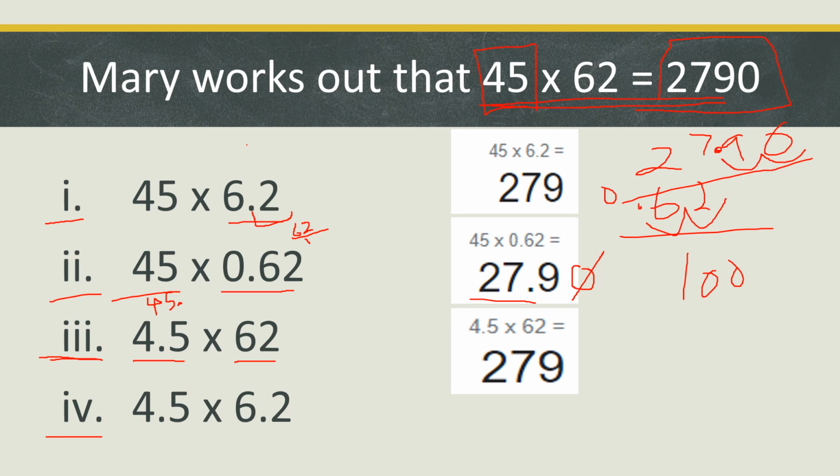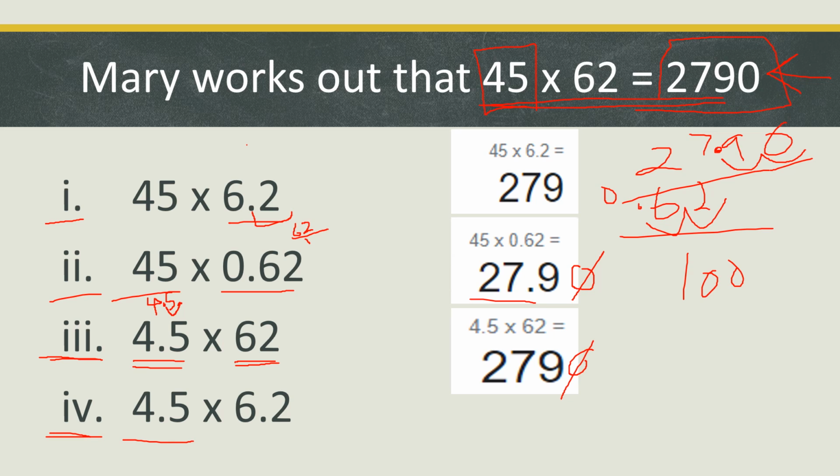That makes it 4.5 multiplied by 62. So we are going to divide 2790 by 10 as well. So we just need to cut out the 0 when we divide 2790 by 10. Let's move on to question 4.